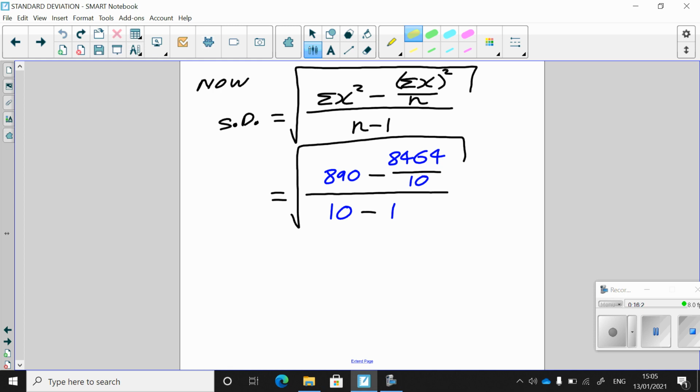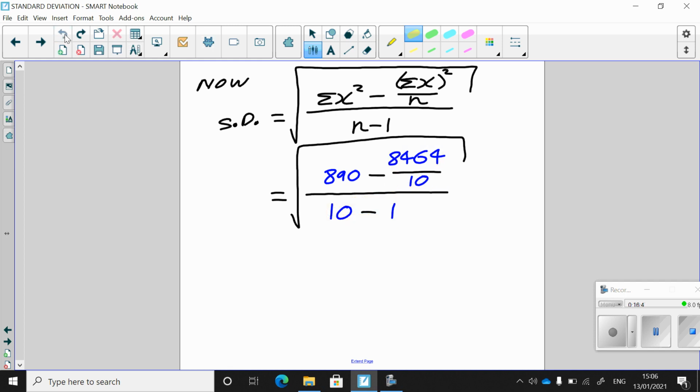Next thing I'm going to do here, I've left the 10 over 1 on the bottom here, and so I'm going to sort out 8464. I'll get an answer for that, and then I'll do 10 take away 1 to get 9. So I'll do them at the same time here and see what I get.